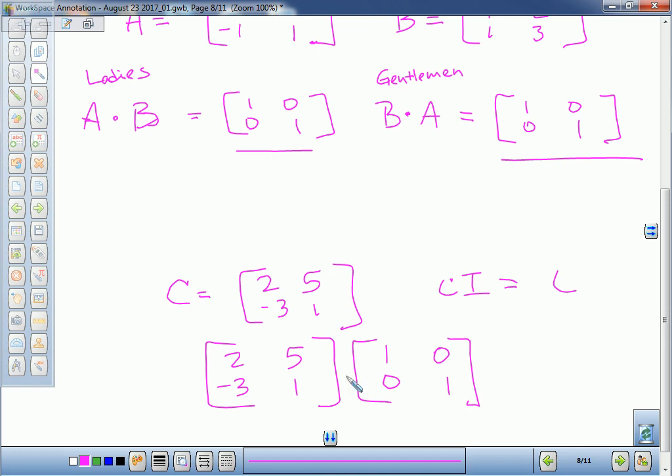That is what we name the identity matrix. We can have a 2 by 2, a 3 by 3, a 4 by 4. As long as we have ones going down the diagonal and zeros in every other position, then it's the identity. And anytime we multiply a matrix by the identity matrix, we end up with the original matrix.